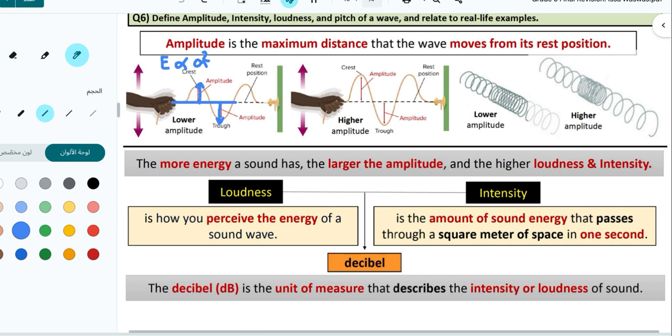Okay, now again we can measure amplitude here with our longitudinal wave. So this is our transverse wave, very simple.